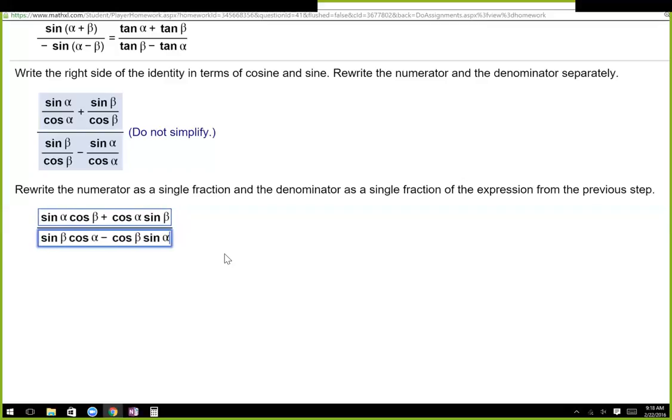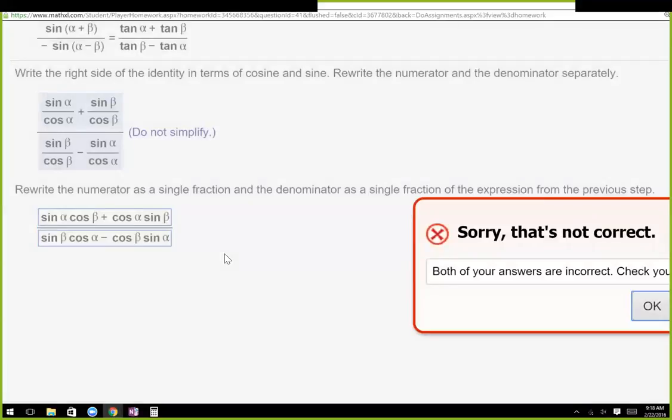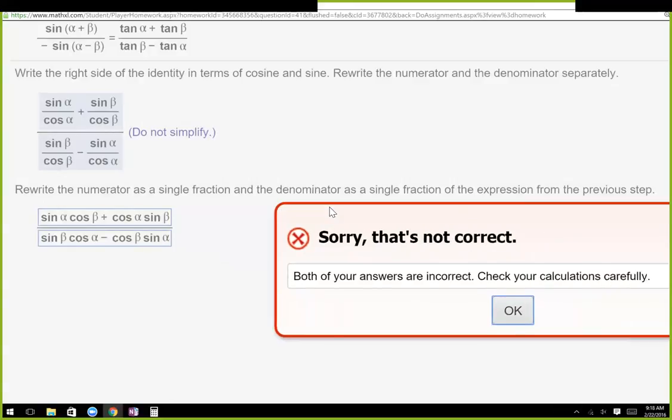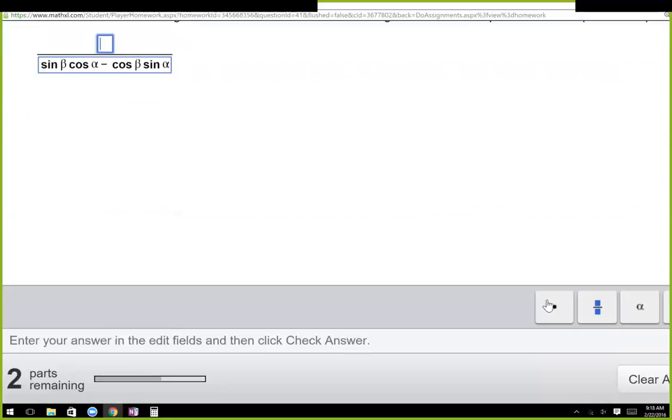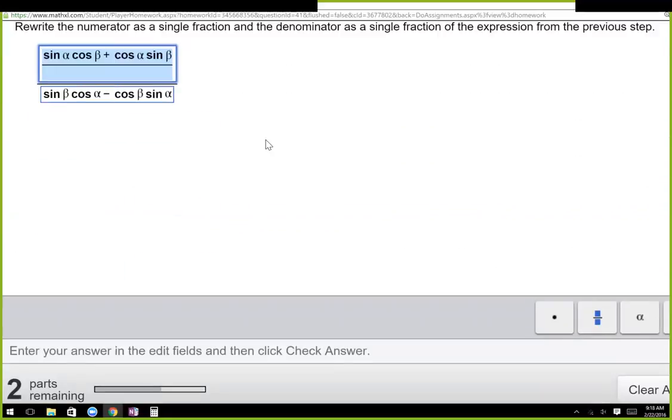Well, it's not right. Let's see. Oh, I know what they're wanting me to do. Wow, I hate the instructions on this.